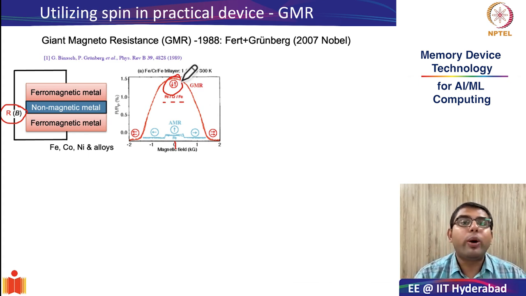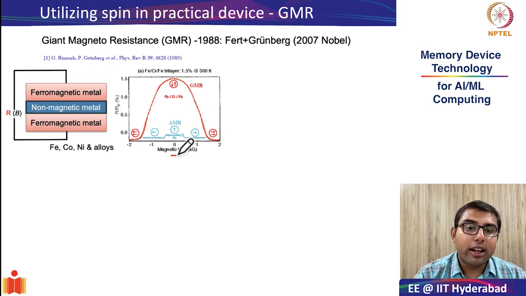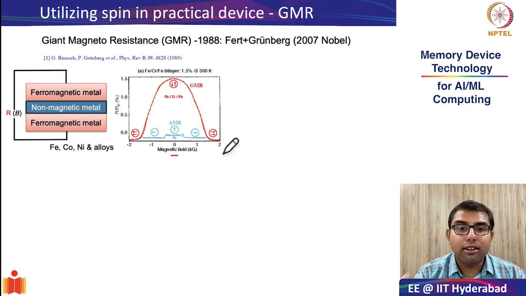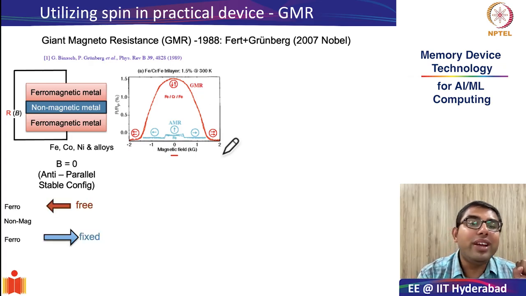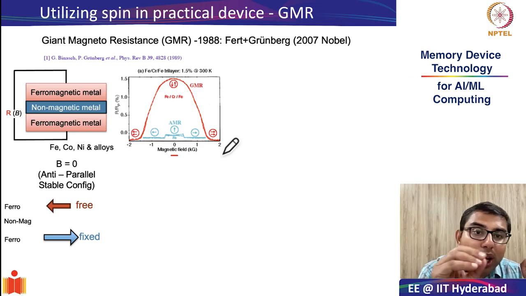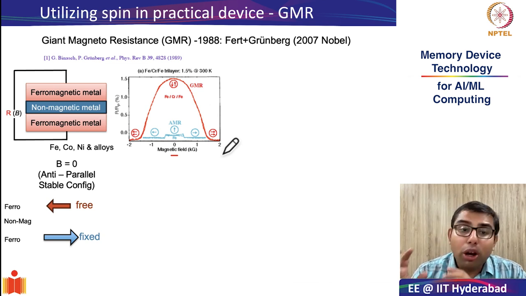So now we will try to understand why this device shows high resistance at zero external magnetic field, but once you start applying an external magnetic field, the device goes into a low resistance state. And to understand this, the first thing that we need to recognize is what are the directions of the magnetization, or the directions of majority spin, in the two ferromagnetic layers at zero magnetic field and at a finite external magnetic field.